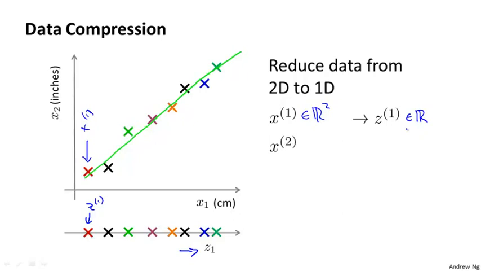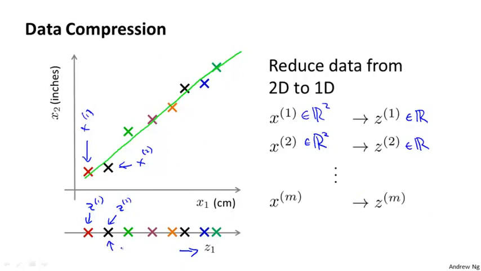And similarly, if x2 is my second example there, then previously this required two numbers to represent. If I instead compute the projection of that black cross onto the line, now I need only one real number, which is z2, to represent the location of this point on the line, and so on through my m examples.